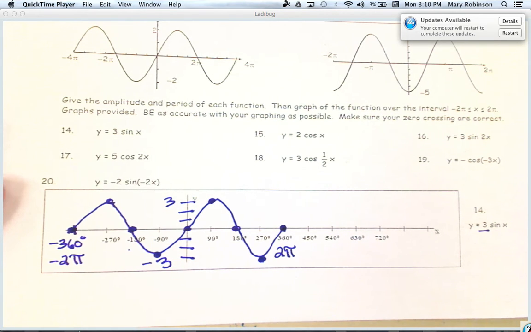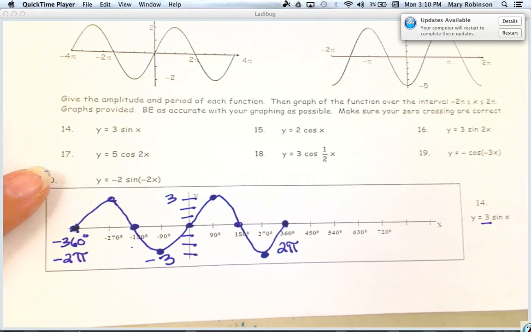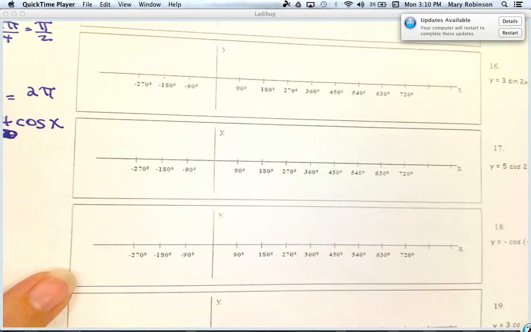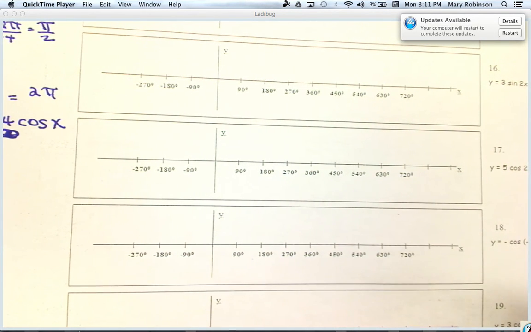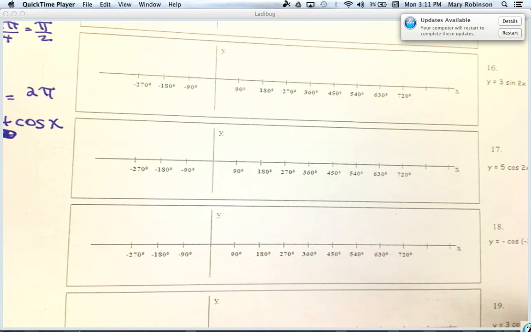So let's do 18. So if we go over here to 18, that's 3 sine x.